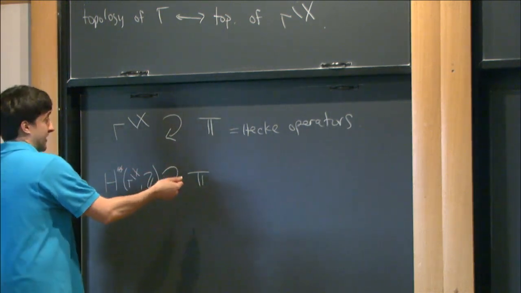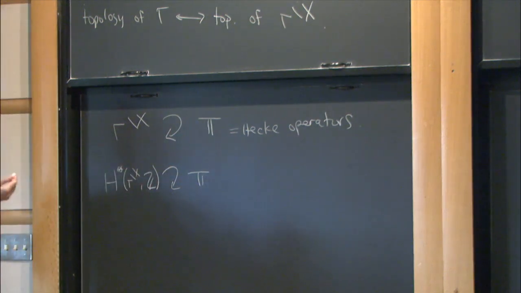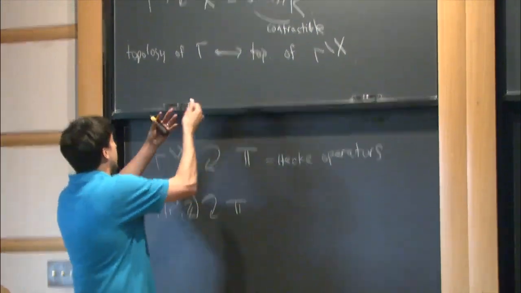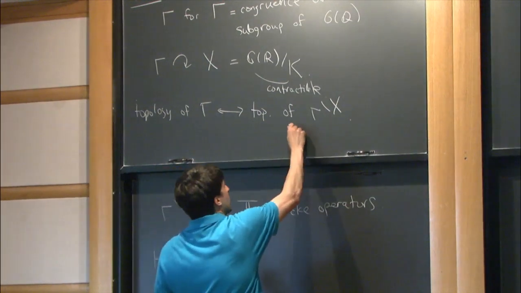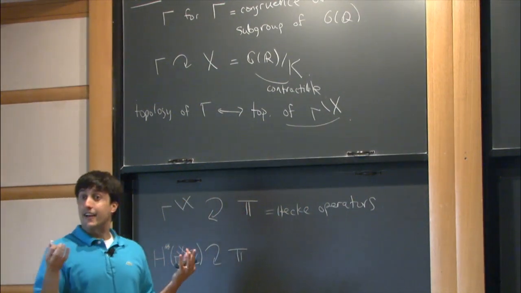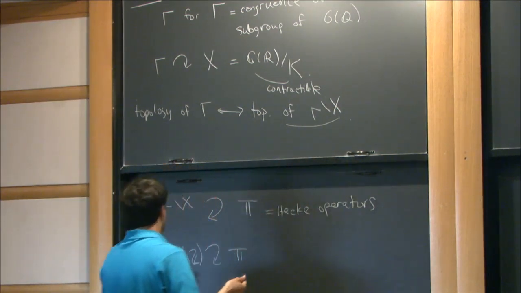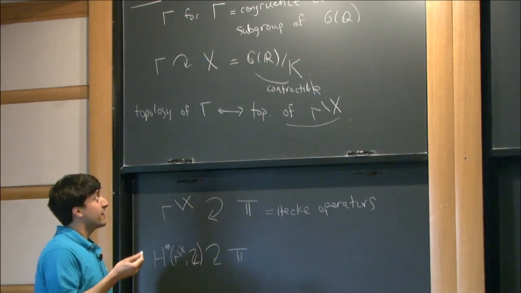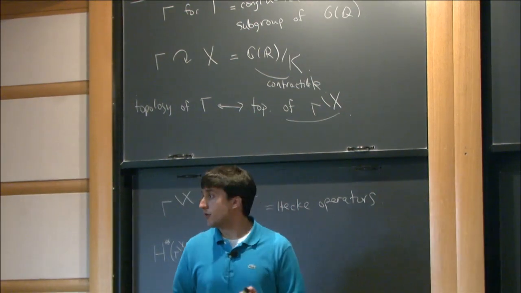In particular, to study the action of the Hecke algebra on torsion, I don't really know a simpler way than to somehow fully compute a homotopy type. Some sort of finite combinatorial data that would give rise to a chain complex whose cohomology is the same as the cohomology of this space. So that's the goal.